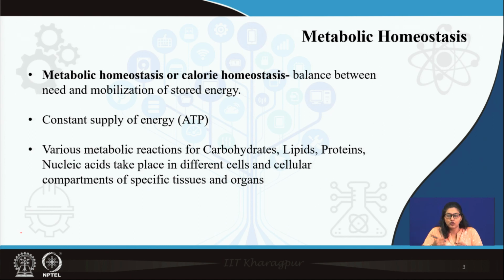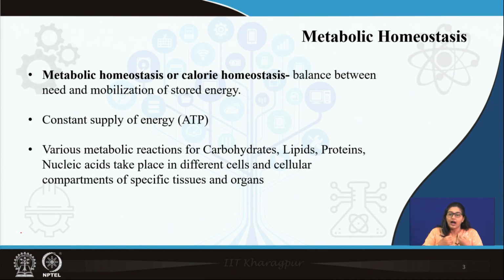Now, those energy either can be utilized based on the requirement or can be stored for further usage, that can be derived from the storage on demand, as well as energies can be utilized for synthesizing different biomolecules. Now, that is the homeostasis or balance. So, metabolic homeostasis or calorie homeostasis talks about the balance between need and mobilization of stored energy.